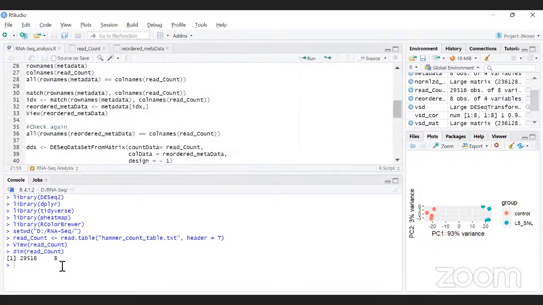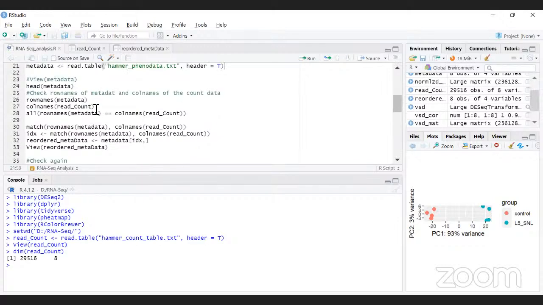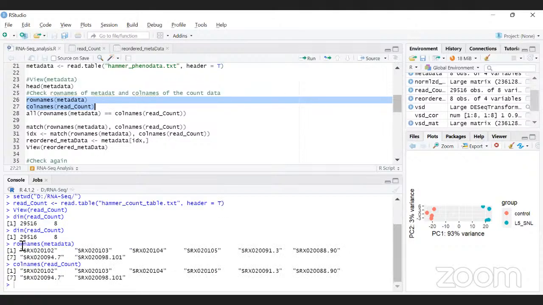That is done using these particular commands. I'm just printing these out. When you look at the row names of the metadata, we can see they're in the same order as the column names of the read count.